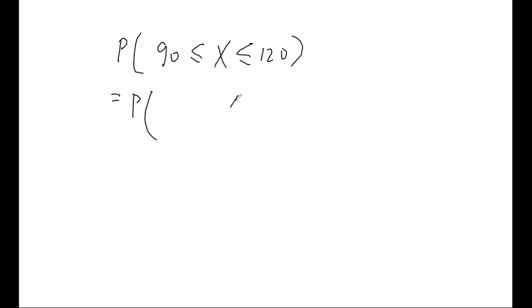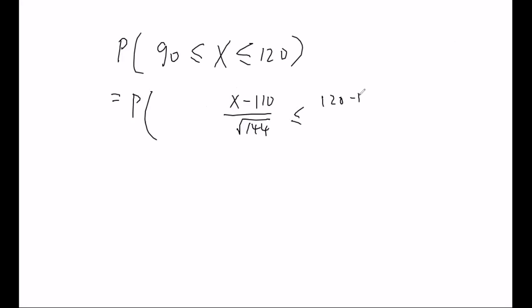The next one, maybe I just do the one with the interval, right? Between 90 and 120, okay? So you want to find x between 90 and 120, okay? So again, same, you do the normalization, right? So x subtract 110 over square root of 144.